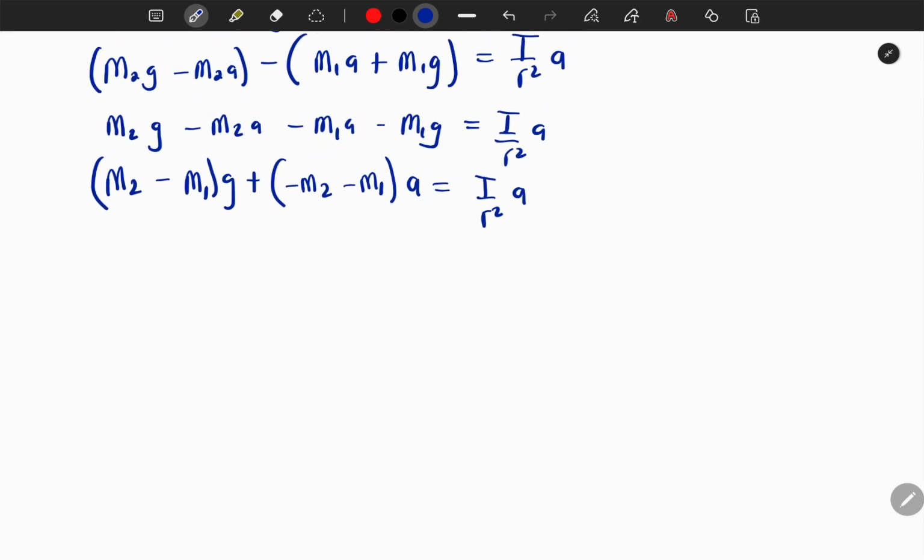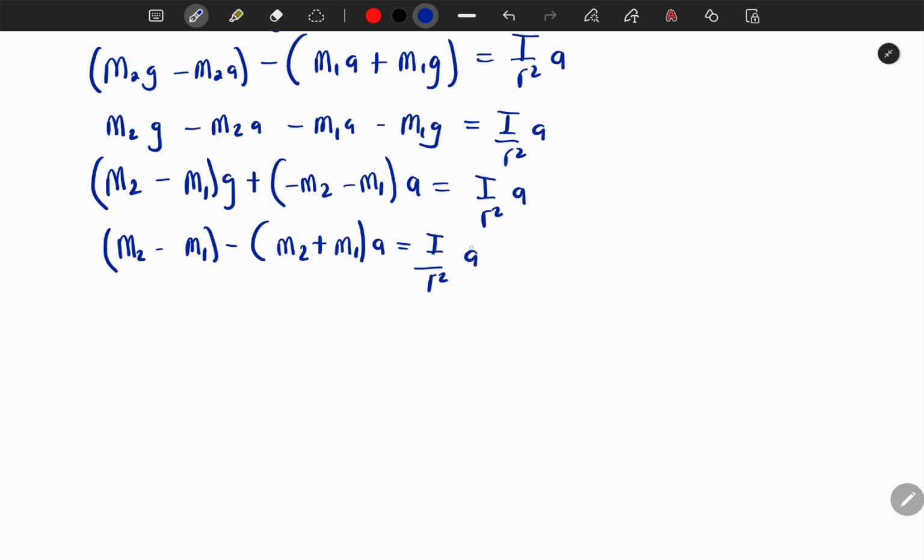It's making sense, right? Then I think from here everything is done, because if I remove the negative here, this becomes m2 minus m1, plus m2 plus m1 times a, is I over r squared times a.